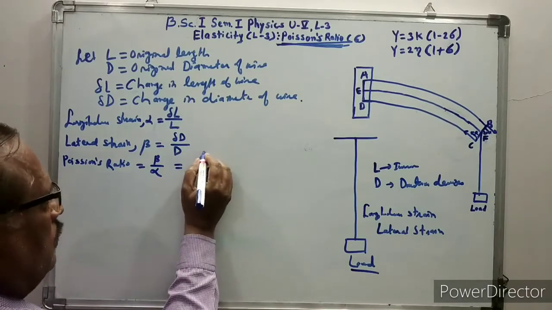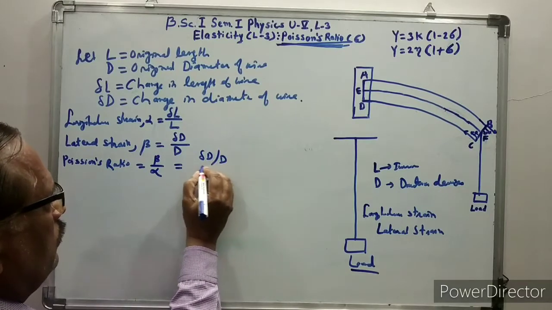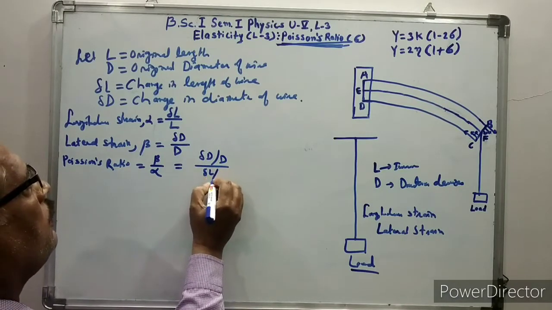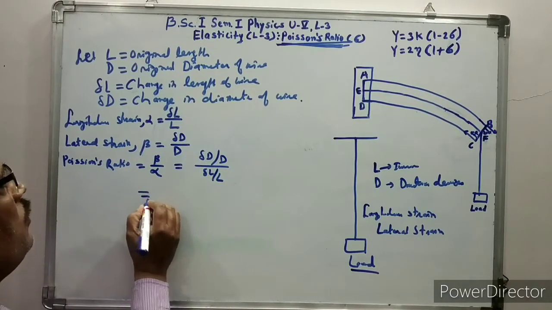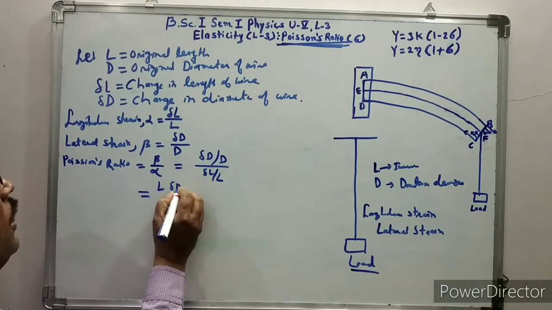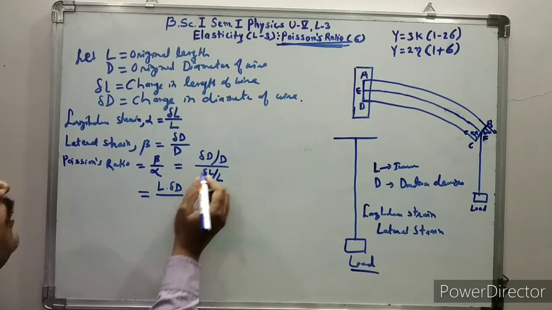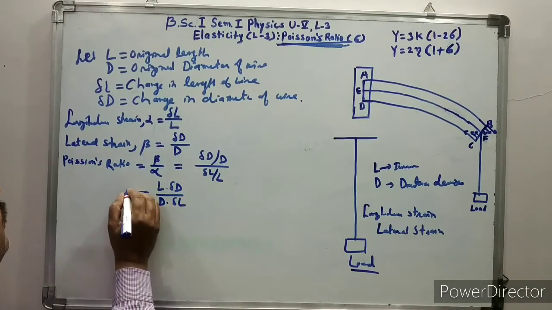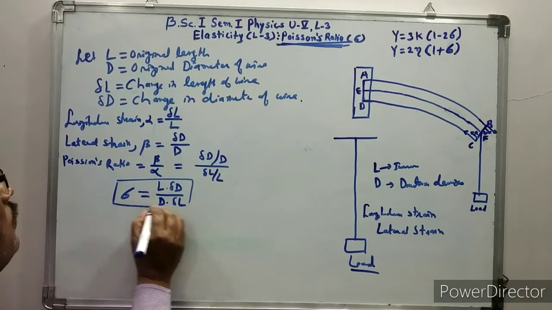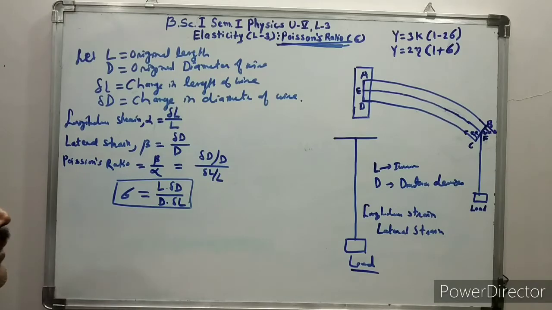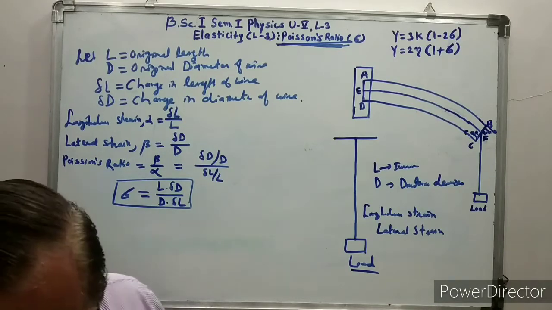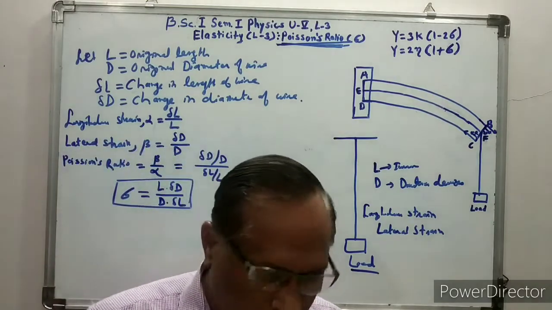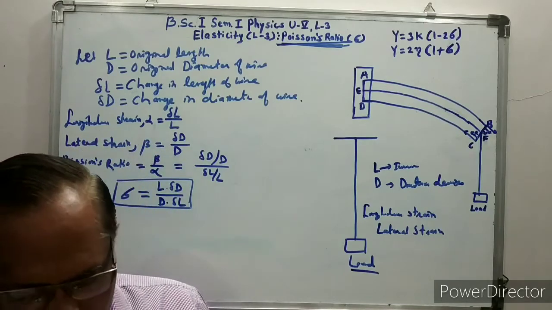Beta here is delta D by D. Alpha means longitudinal strain, it is delta L by L. So it is equal to L into delta D divided by D into delta L. This is sigma, the Poisson's ratio. The value of this Poisson's ratio sigma mainly depends on the nature of the material of the body.